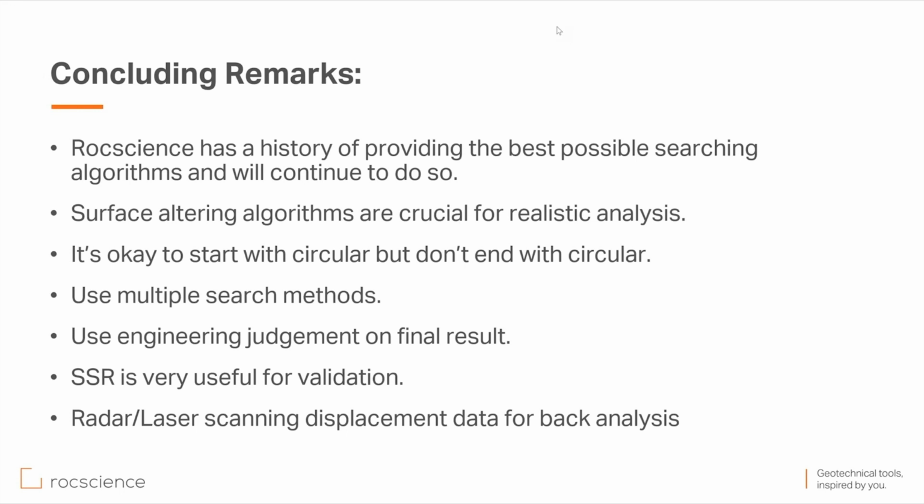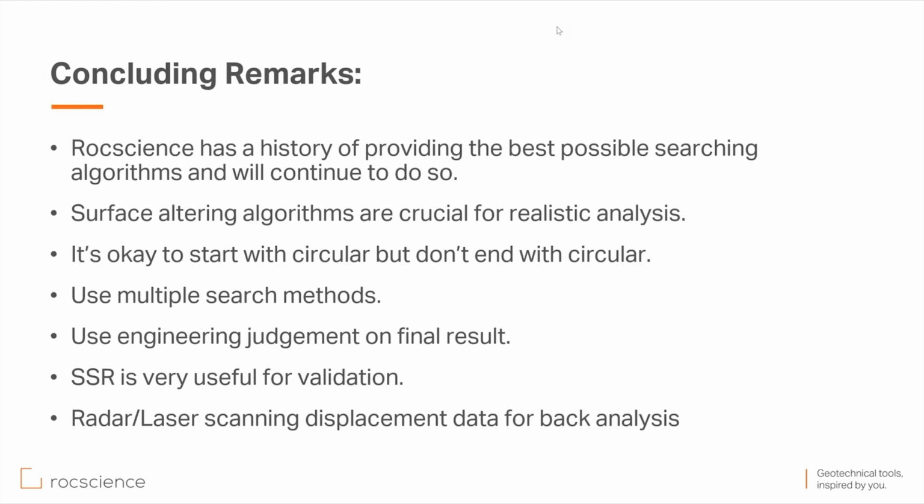Plus, I also see that people are using circular searching on a lot of friction-only, cohesionless materials. And theoretically, in a frictional material, your failure surface is planar. So why would you use a circular surface when dealing with those types of materials?